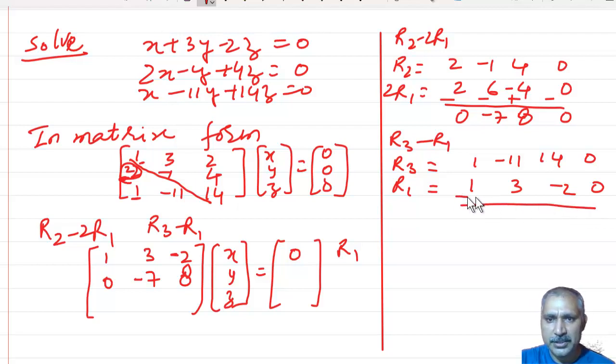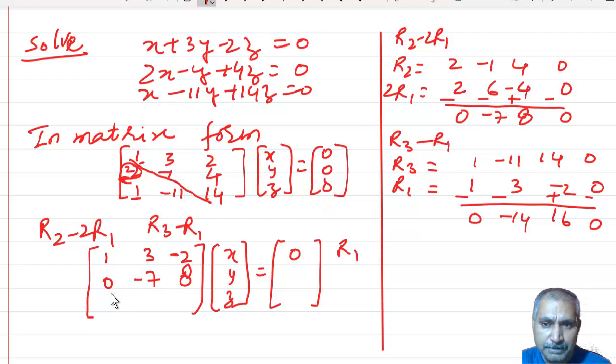We'll change the sign. So 1 minus 1 is 0, minus 11 minus 3 is minus 14, and 14 plus 2 is 16, and 0. So we got the elements here as 0, minus 14 and 16, and the last one is also 0.